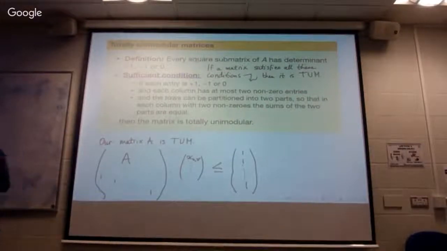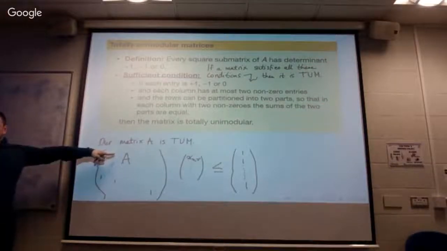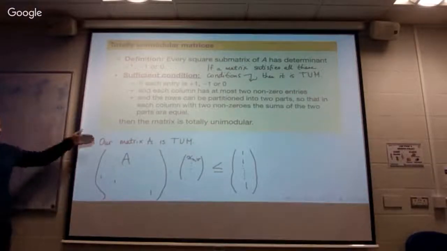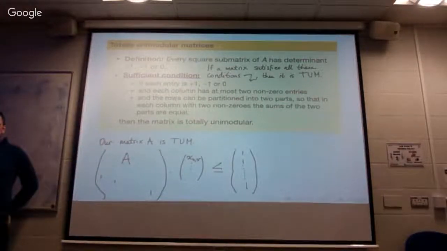Okay. That's all. Now, we know that this matrix is totally unimodular. We want this big one to be totally unimodular. Is it also totally unimodular?